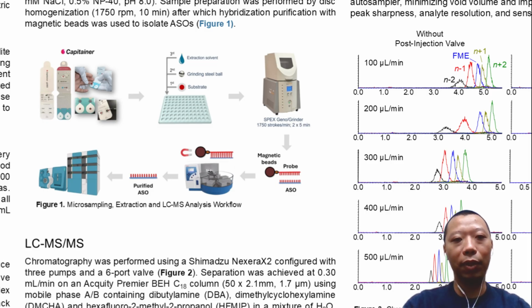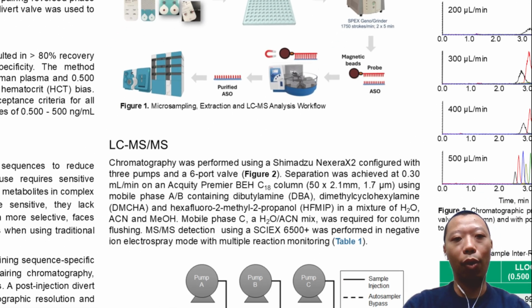Then we performed selective extraction using a biotinylated capture probe designed for hybridization-based extraction, which ensures high selectivity by retaining the on-target oligonucleotides. Finally, we analyzed these samples using LC-MS with ion pairing chromatography.